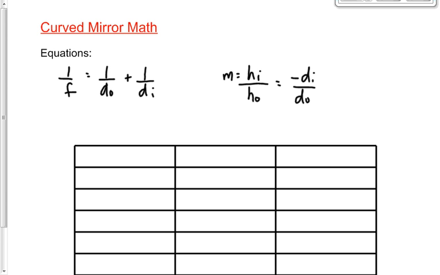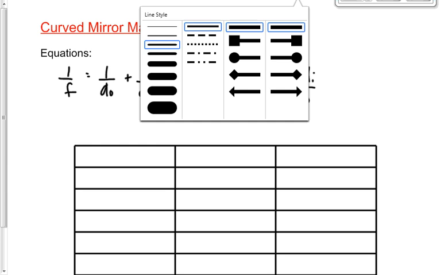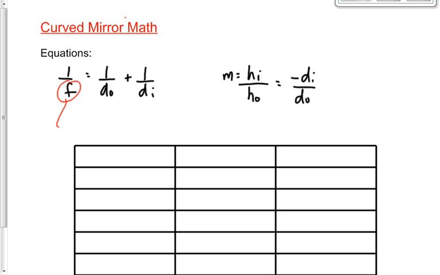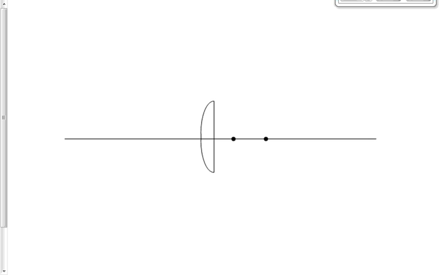Now, what do each of these variables stand for? f is going to stand for the focal length. That's the distance from the mirror to the focal point. If we go back to a picture of a mirror for a second, this distance right here would be the focal length, the distance from the mirror to the focal point.